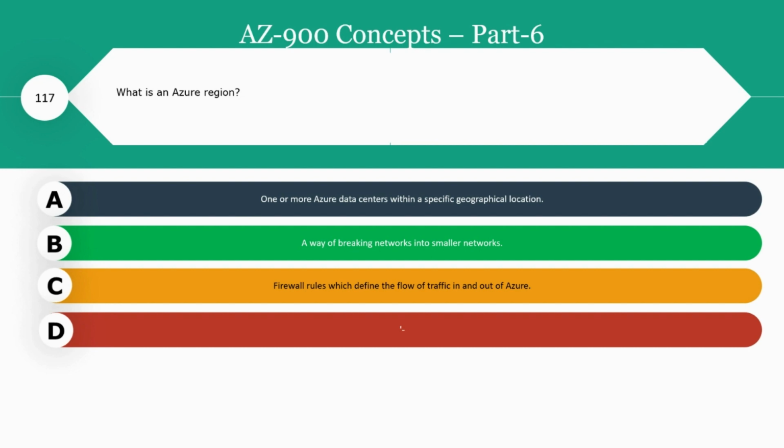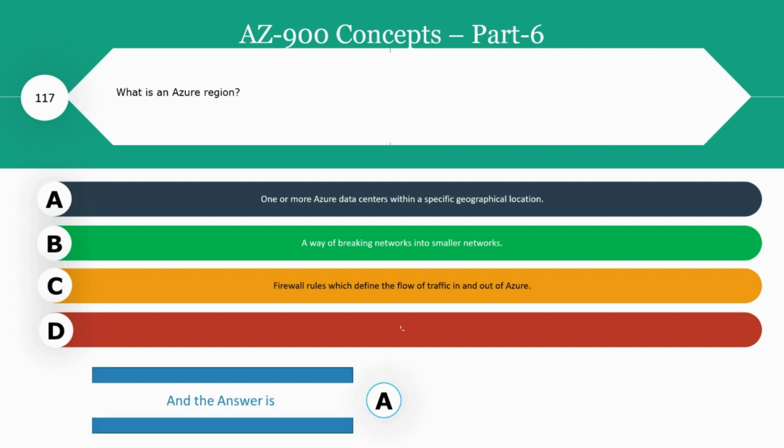Option C, firewall rules which define the flow of traffic in and out of Azure. Out of these three, options B and C are not correct. So the right answer for this question is option A. That is, one or more data centers within a specific geographical location forms a region.